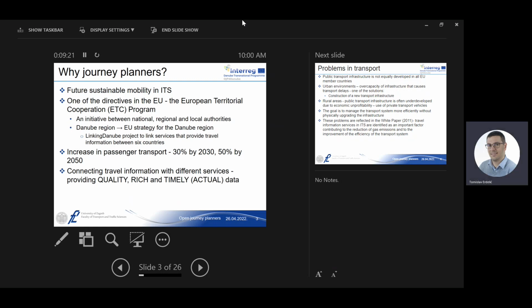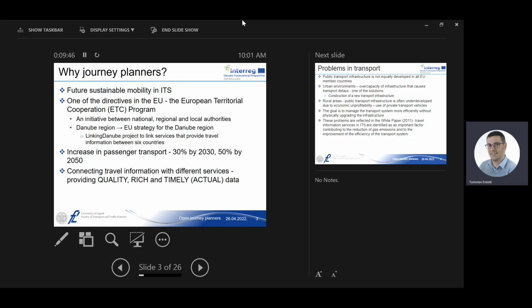Okay, and then Dubrovnik has its own transport. And then when you want to link Zagreb and Zadar, there are several companies whose information you can use to plan the route.